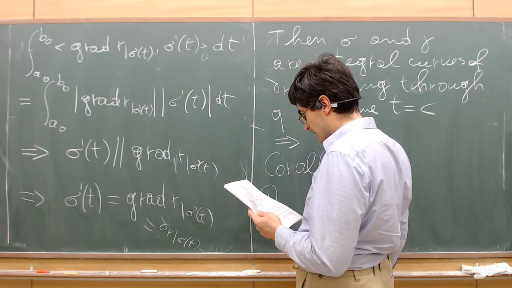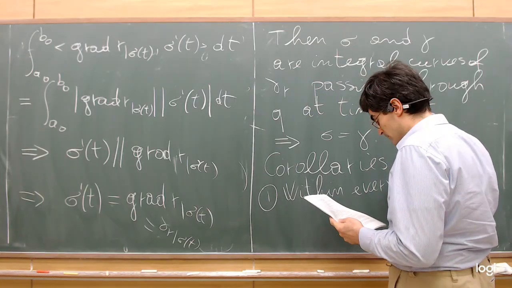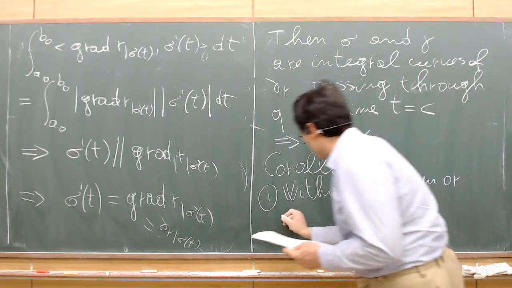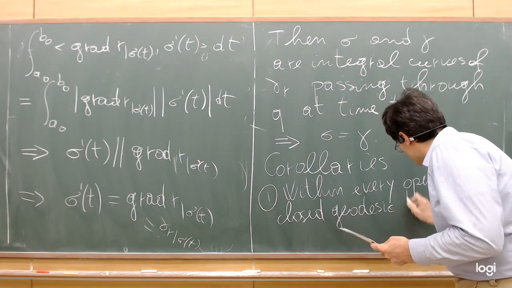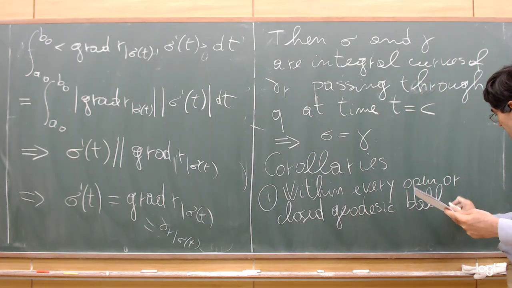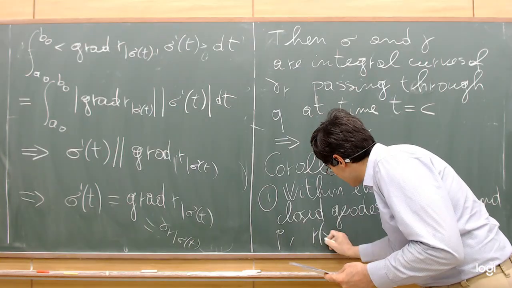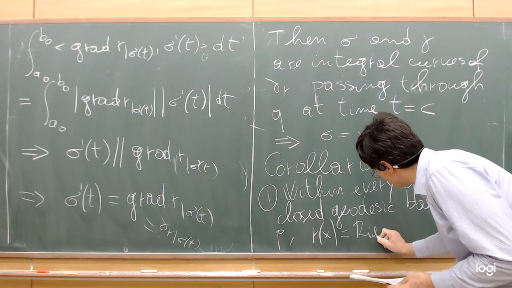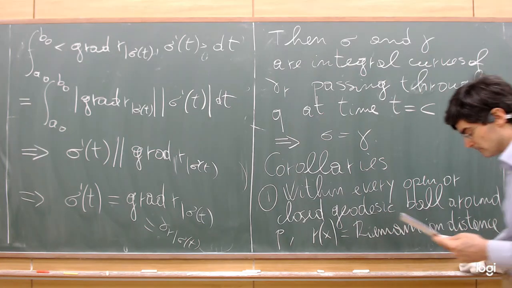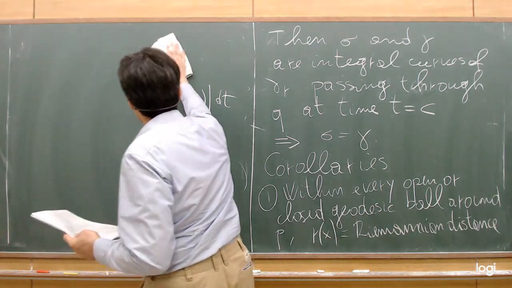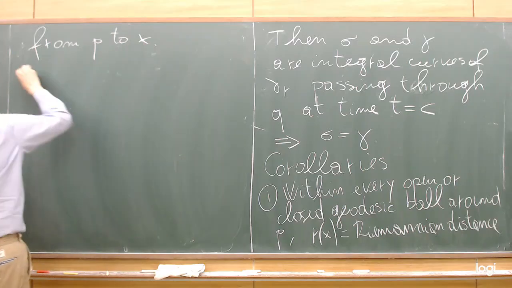The first one says that within every open or closed geodesic ball around P, the function R of x coincides with the Riemannian distance from P to x.